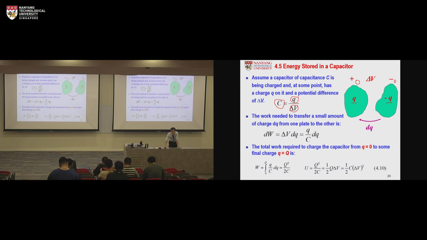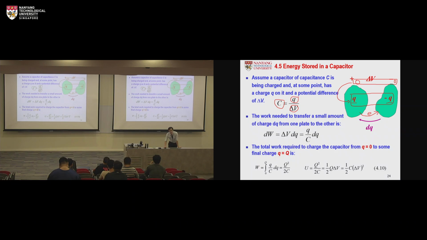So what happens is, from this state to this state, from here to here, you move charge Q from here to here, let's say electrons. Then eventually you will have minus Q here, positive Q here, right?